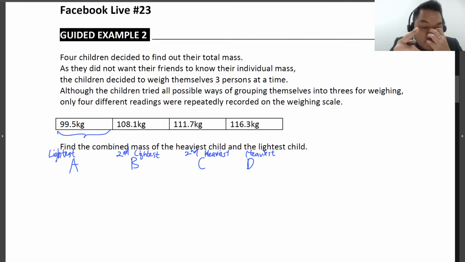Okay, yeah, Damien, you're correct. The only way that you can obtain this lightest reading would be to combine the 3 lightest people together. Correct?